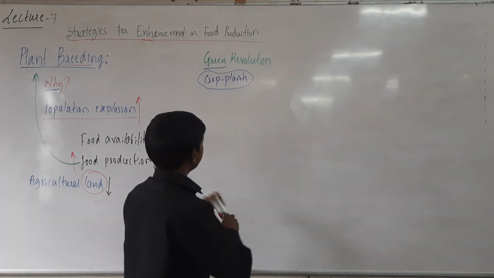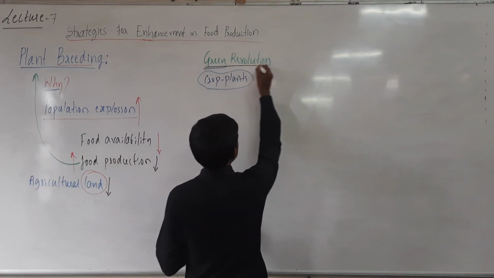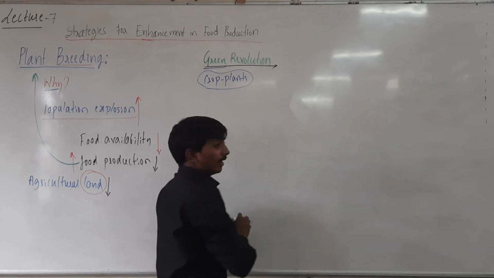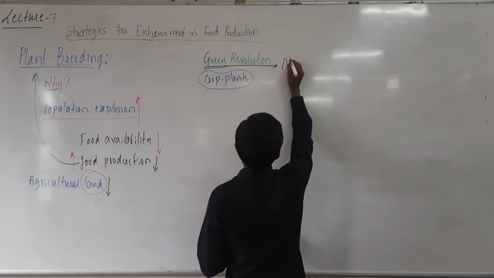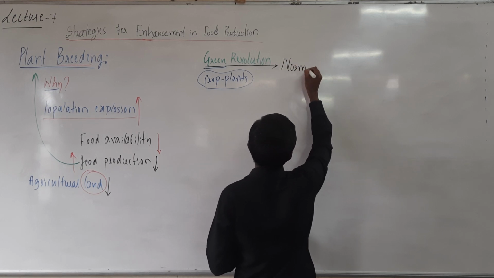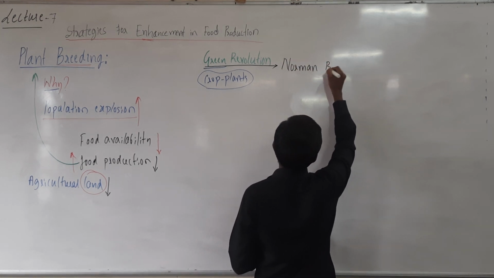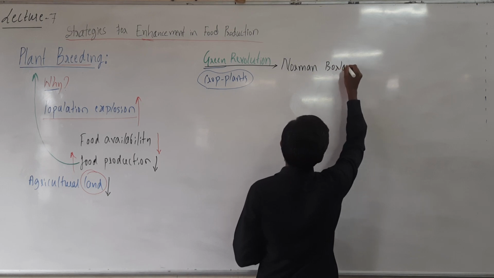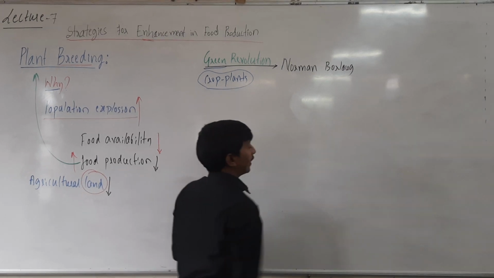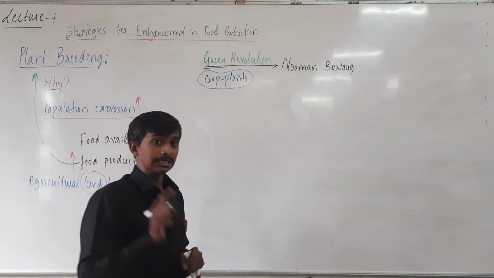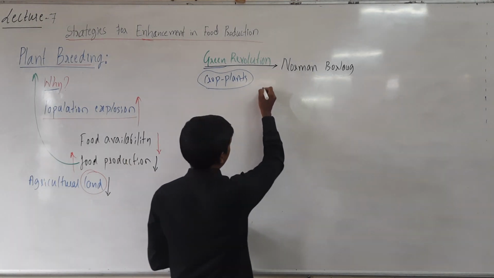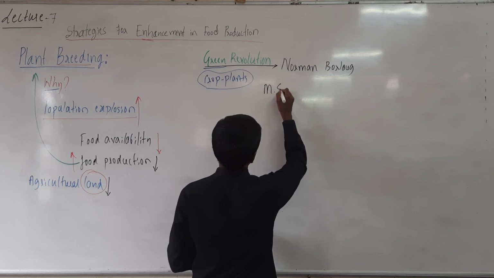Firstly, the Green Revolution was initiated by the environmentalist, botanist and biologist Norman Borlaug. And hope you remember the father of the Green Revolution in India, that is M.S. Swaminathan.